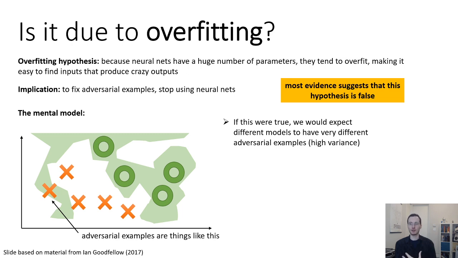See, overfitting corresponds to high variance. High variance means that for different data from the same distribution, or similarly for different models, you would expect decision boundaries to be different. They would all be about equally incorrect, but they would be different. That's what high variance means, and we know that overfitting means high variance. And that is not what we actually see in practice.